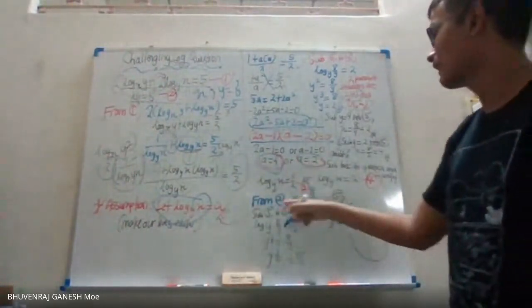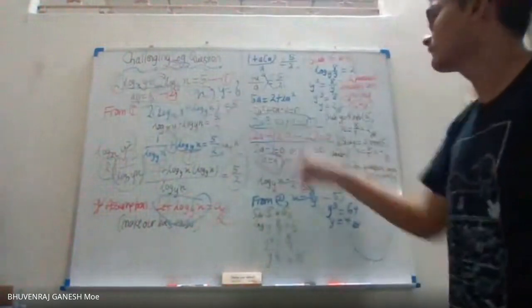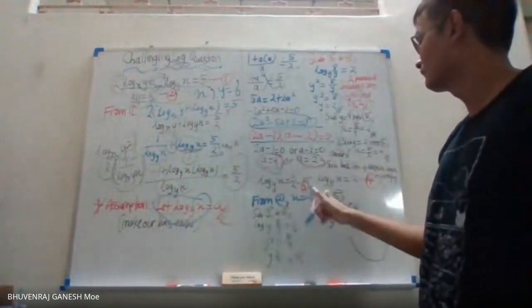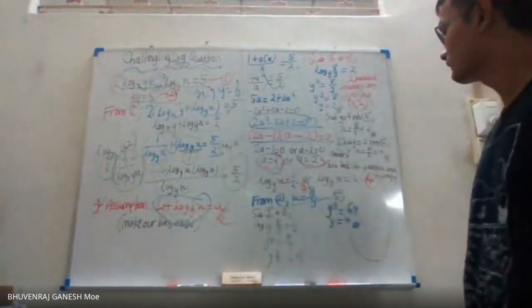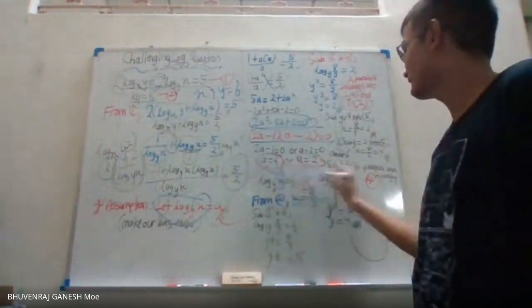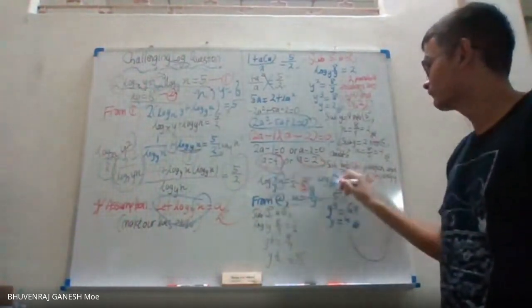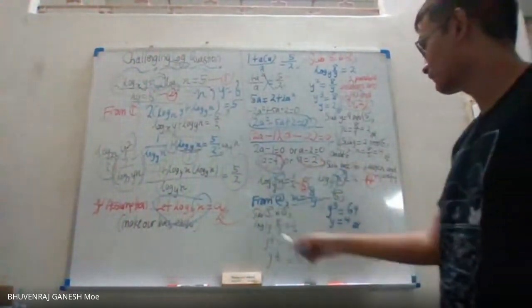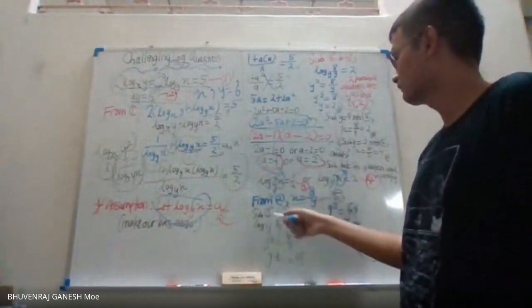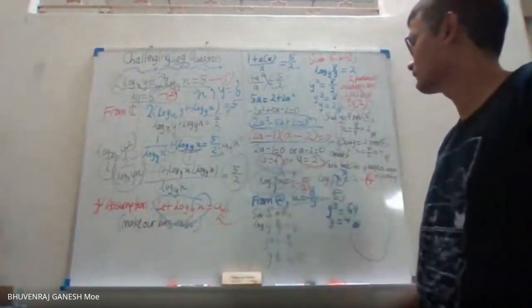And then now we take this equation, because you see there's also an x and y term there. We can derive something from that, which is x equals 8 over y. Because we realize the x here and the x here we can substitute to make the same term with the base y. So when we take x is 8 over y, we sub this fifth equation into the third one, log_y x equals half.